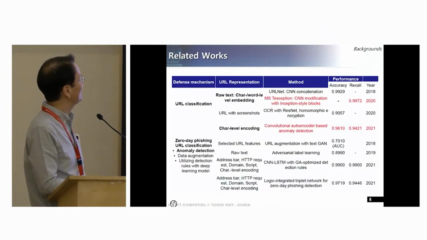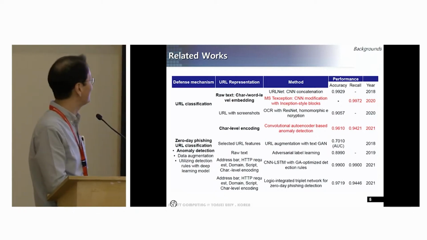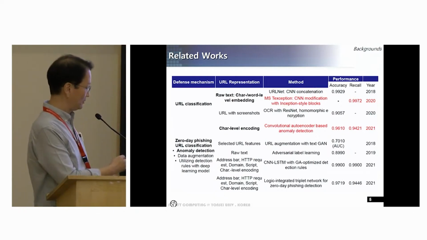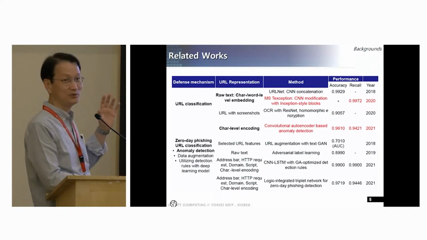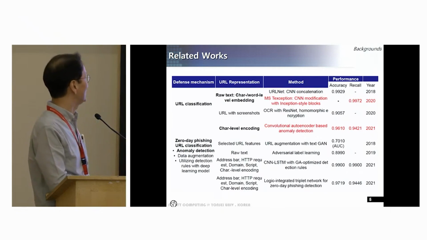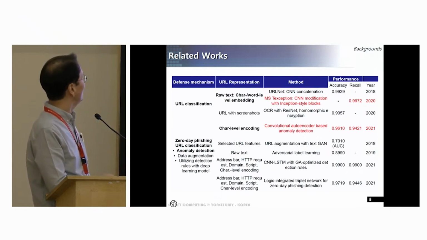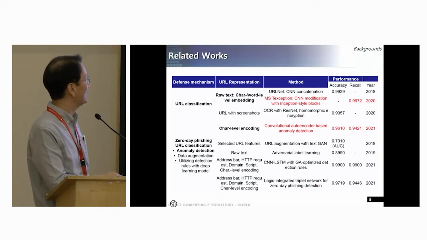So luckily, there are quite many people working on the same problem. Most of the work can be categorized into URL classification or zero-day phishing URL classification. Some people are more interested in the detection of new phishing URLs. For the first category, the most important method is devised by Microsoft, called Texception.